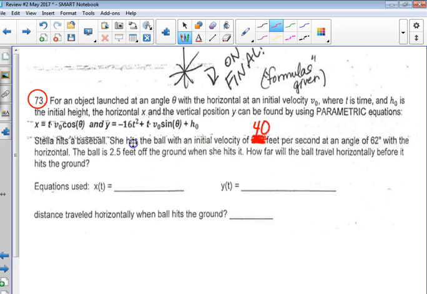Anyway, how are we gonna put this in? It says t, initial velocity, cosine of the angle. Can anybody tell me what that's gonna become? Everybody all right? From the question? All right, how's this one gonna change? We're doing this one.